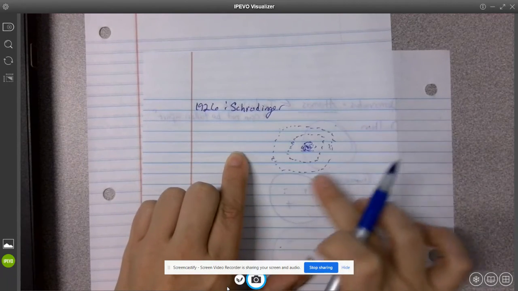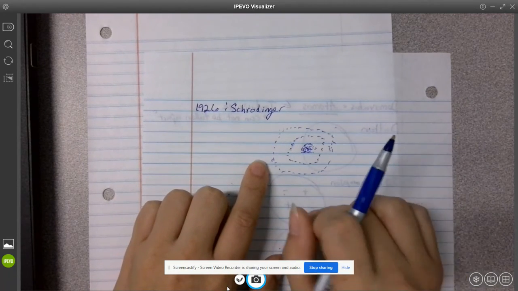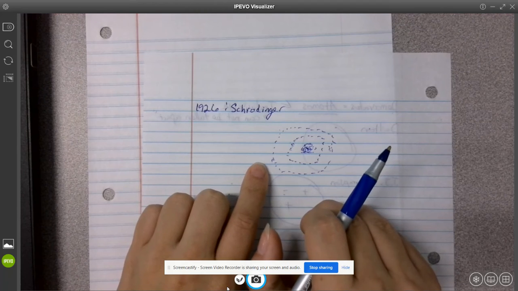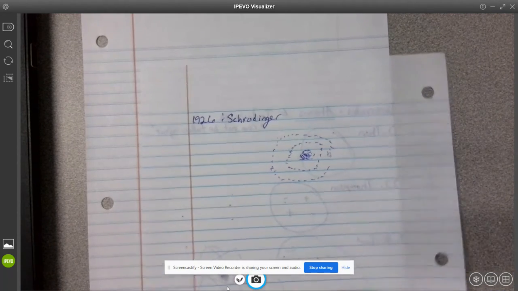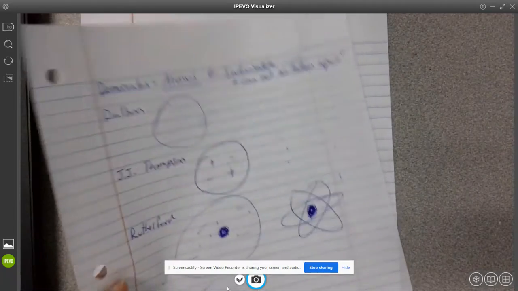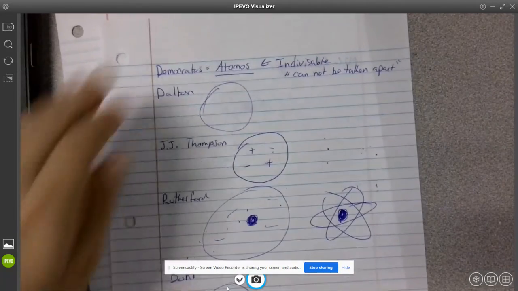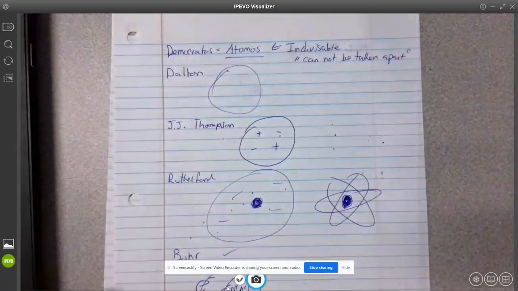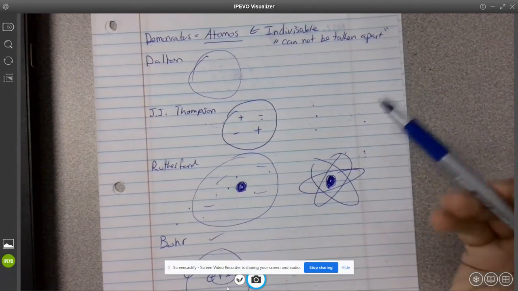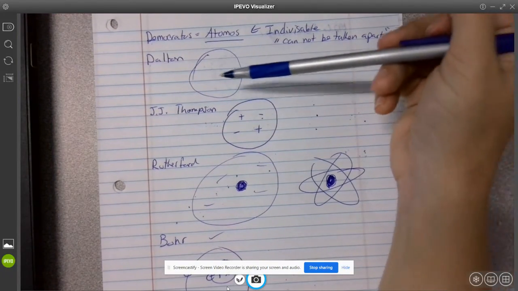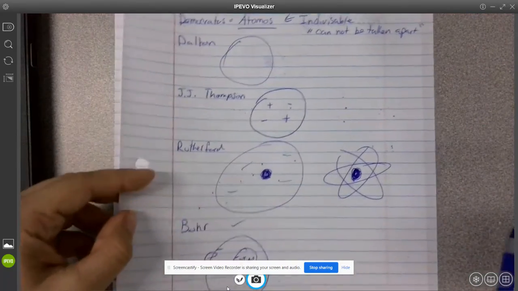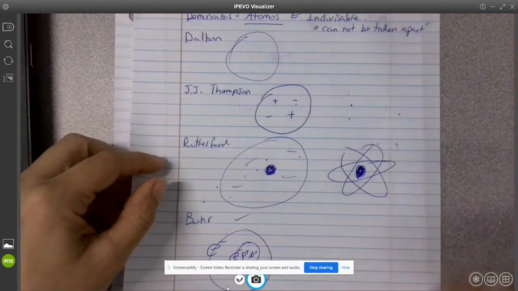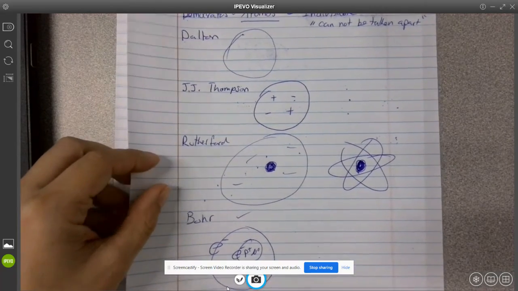And as you go out, there's going to be less dots where there's less chance of finding those electrons. So everything has been built on over the years. I can tell you right now that you're going to want to have this written down, because I can guarantee you on a quiz, I will be asking you about the history of the atom models.